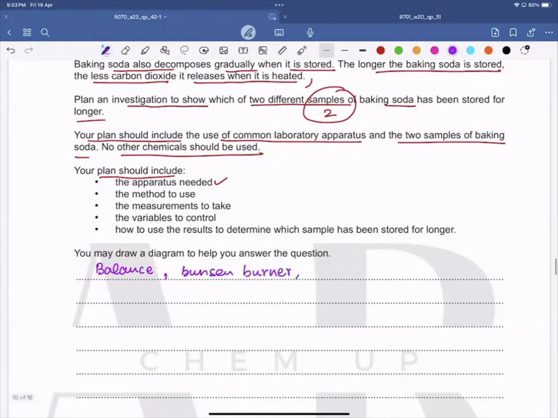Besides this, if we are heating it, we are going to hold it in some apparatus like a test tube. So we need a test tube as well.